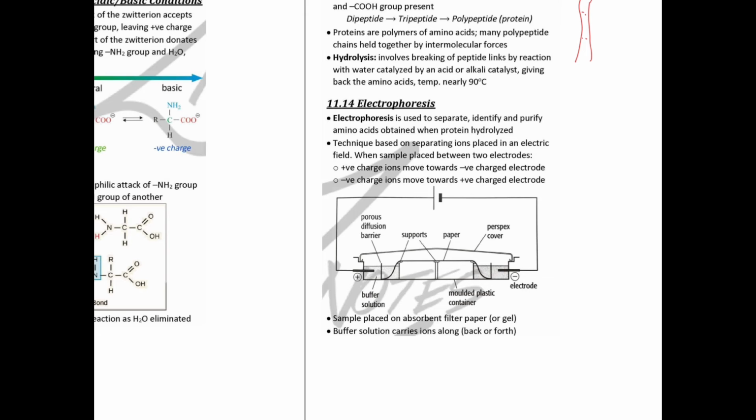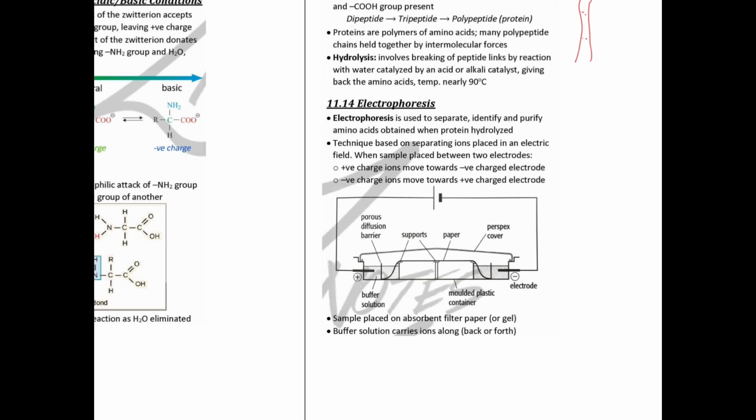Okay. So here, electrophoresis. Electrophoresis is a technique to separate the different types of amino acids.